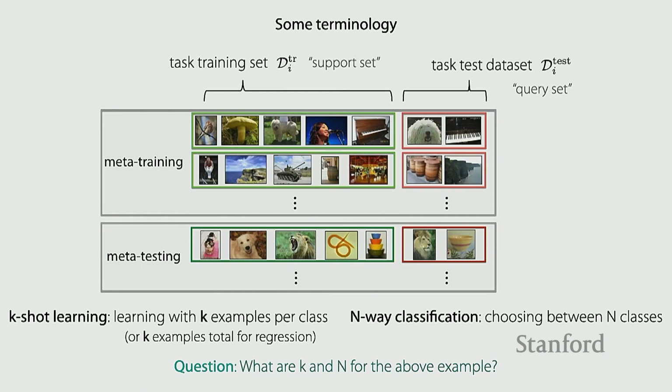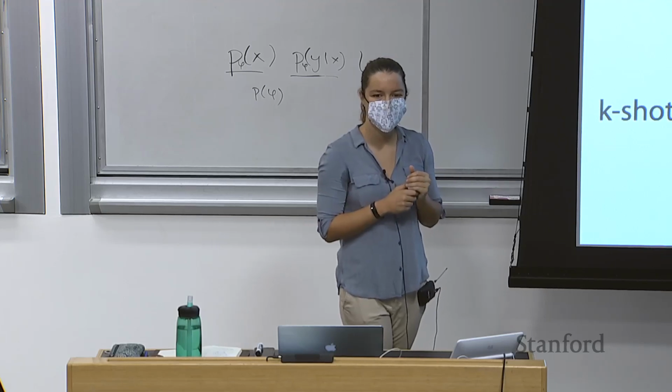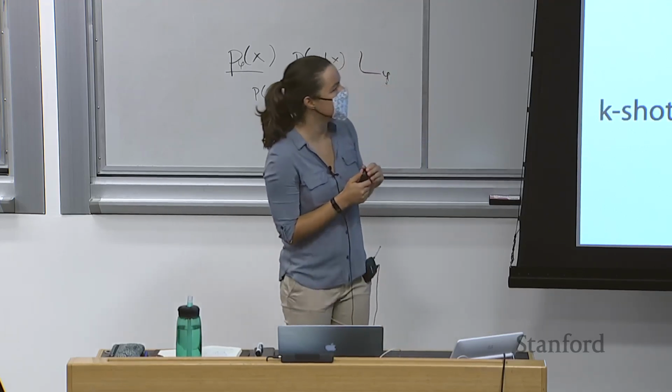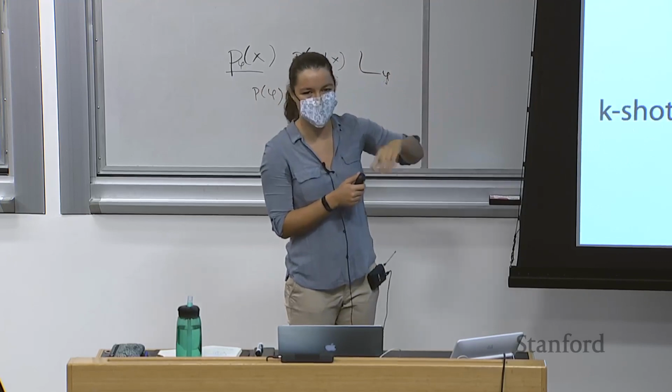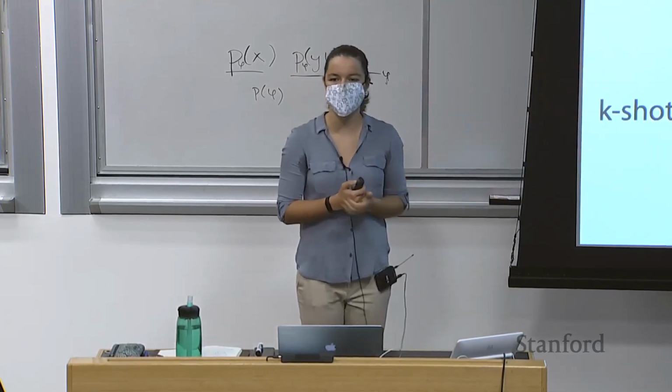So a question for you. What is k and n for this example here? Yeah, k is 1 and n is 5, because we're doing 5-way classification, and each of our support sets has one example for each of the 5 classes.